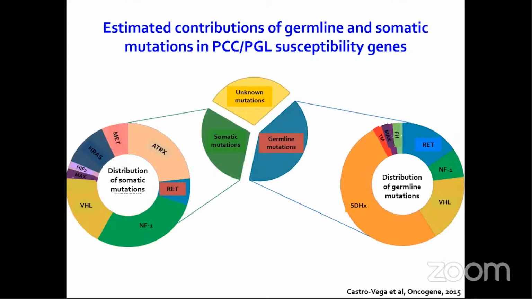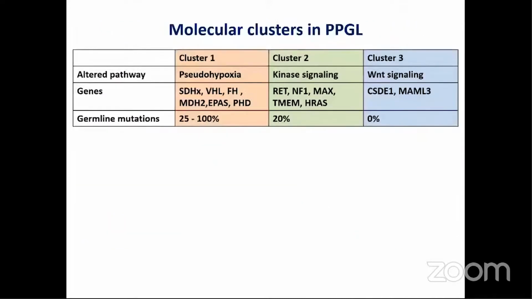If you look at the prevalence of germline mutations, it's almost 40%. And if you look at somatic mutations, in another 30% of the patients we will have them. So overall, 70% of PPGL patients will have underlying genetic abnormalities. That's why PPGL is called one of the most heritable genetic disorders in oncology.